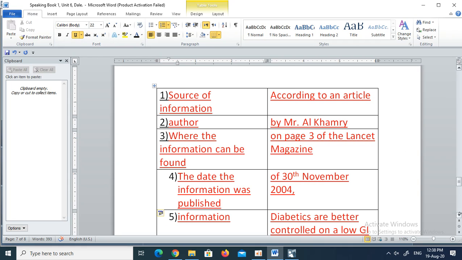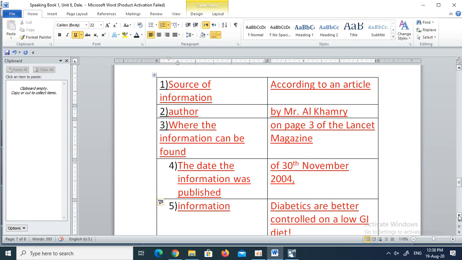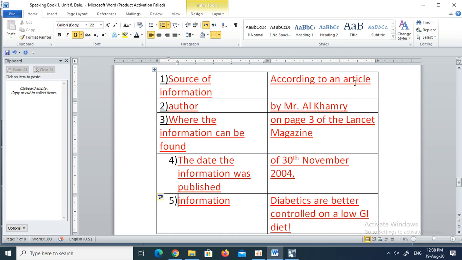So if we look at this, I can say, according to an article, and now I'm telling you I got the information from an article.